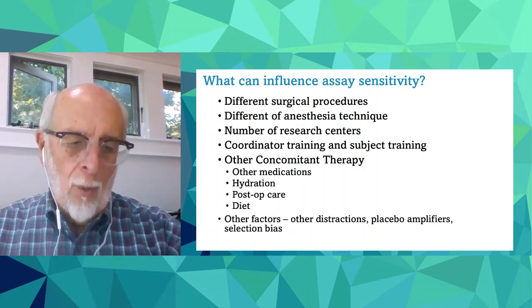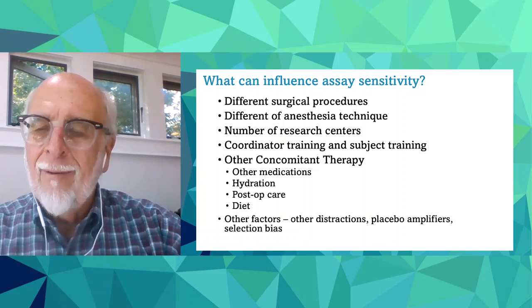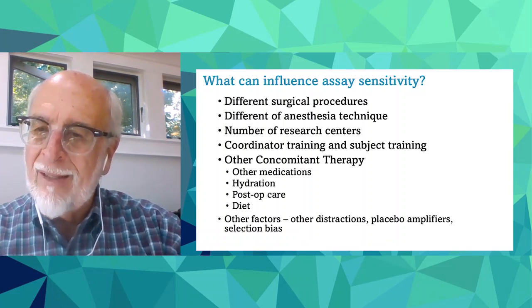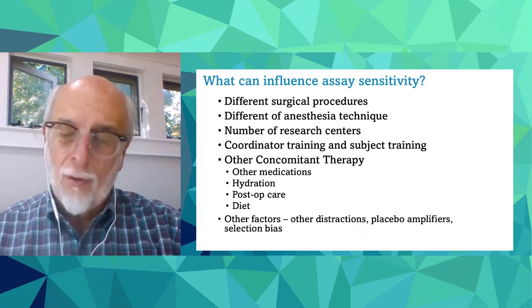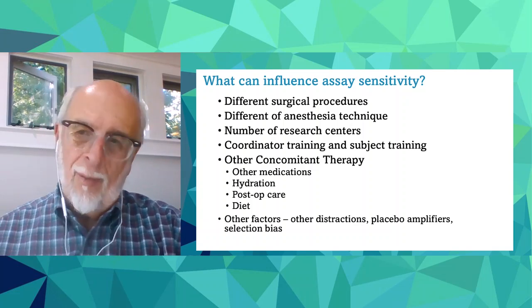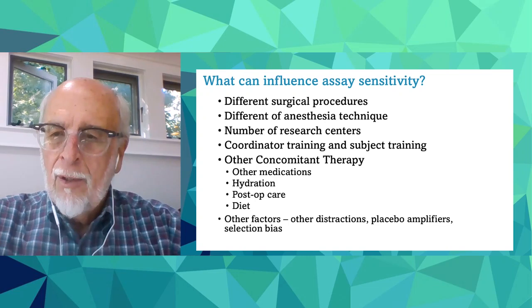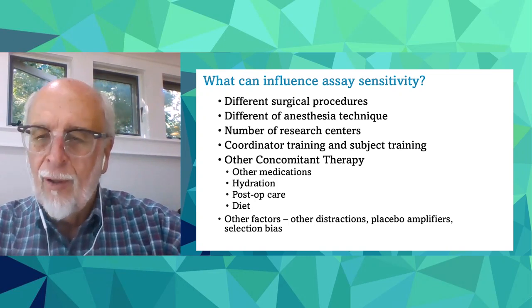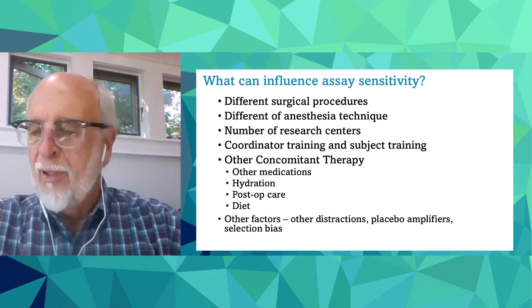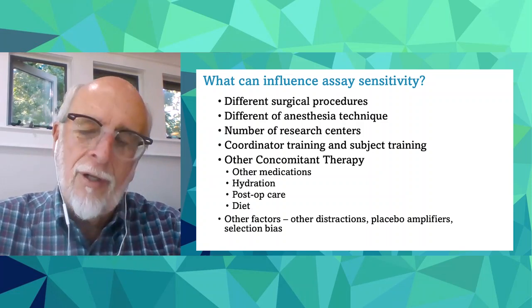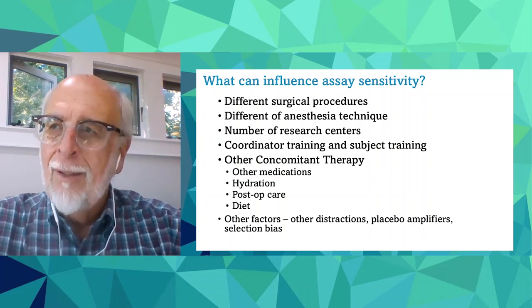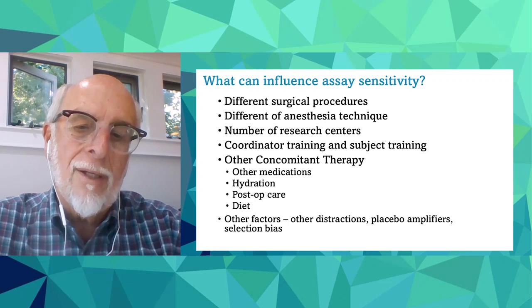Now, what can kill a study? What can invalidate studies and what makes studies fail? Studies that have a mixed surgical population. If you're doing some patients with hernia, some other patients with orthopedic repair, inserting pins in the wrist, and others are dental patients, you can pretty much guarantee that those are going to be insensitive studies.